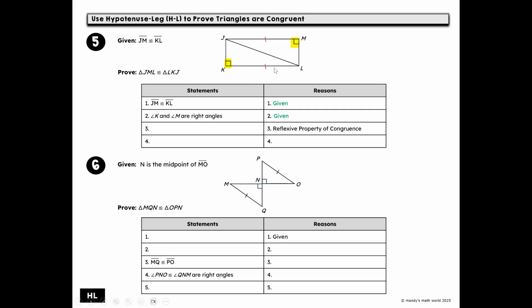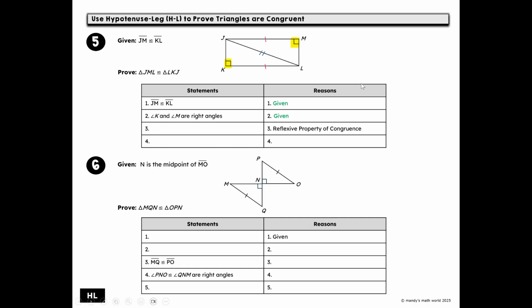It's not given over here, but it is stated in our figure by these little squares that indicate those are right angles. So now I'm dealing with right angles right here. I've shown this leg to be congruent to this leg. They are adjacent triangles, which means they share this side, which just happens to be the hypotenuse.